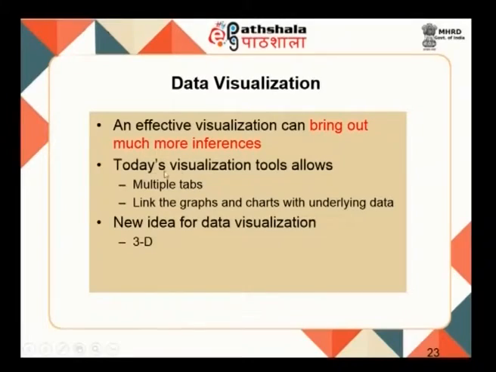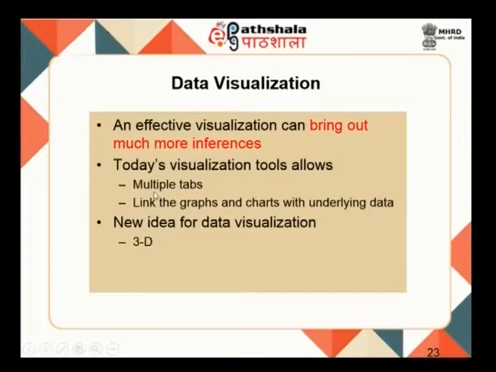So, today's visualization tools actually allow us to perform different kinds of visualization in different dimensions. We have various tools in the real world, or various open source tools, that might provide very good visualizations. We can end up with a multiple tabbed environment for visualizations, or a graph based or chart based visualization for the underlying data.